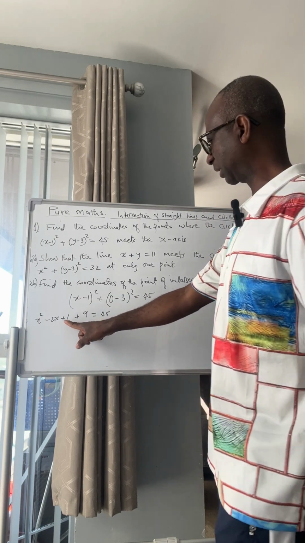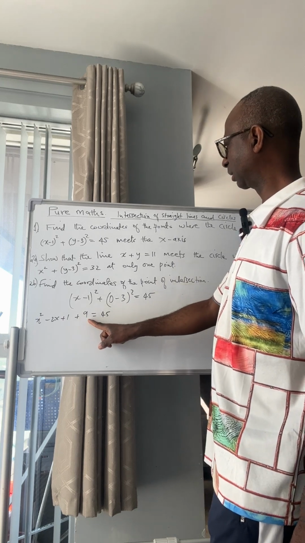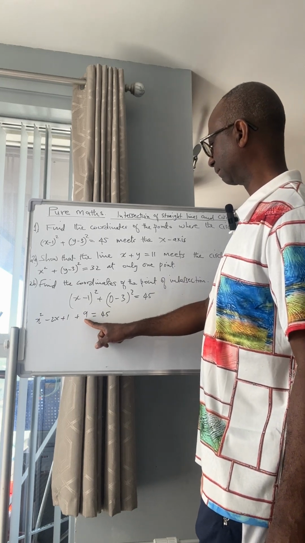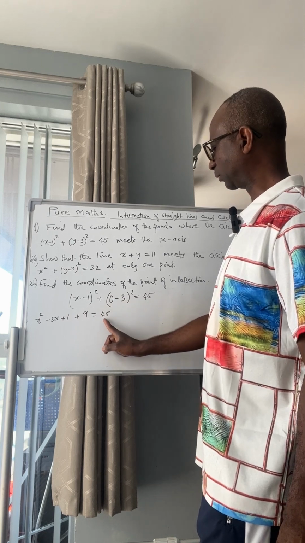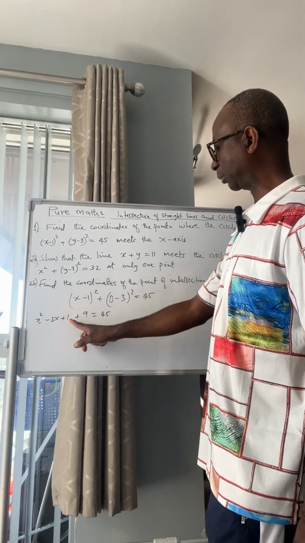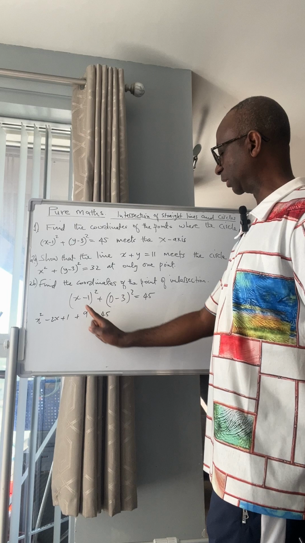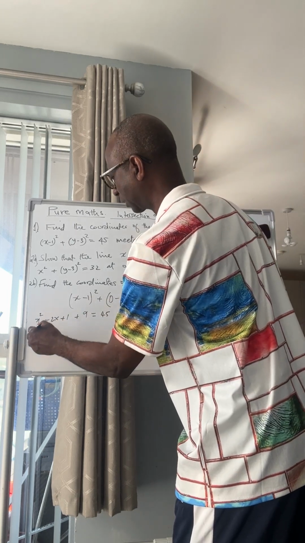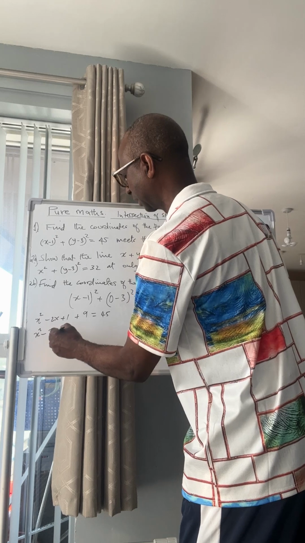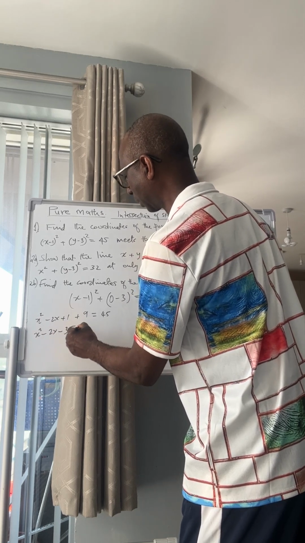So 1 plus 9 gives us 10. Now we bring this 45 over. So it's going to be plus 10 minus 45, which is minus 35. So we have x² − 2x − 35 = 0.